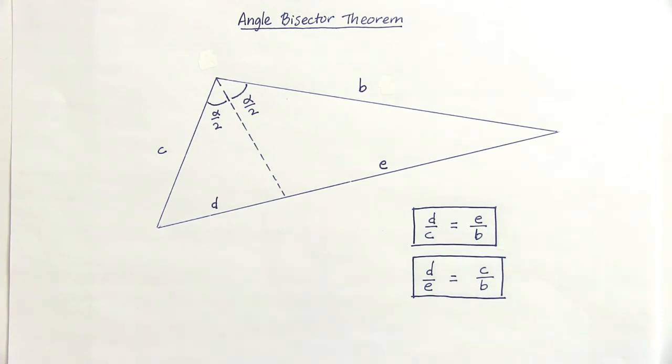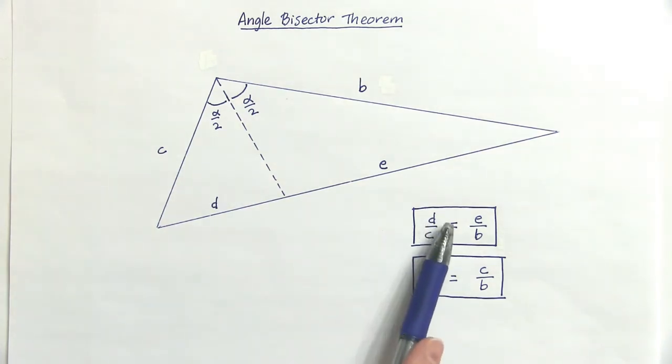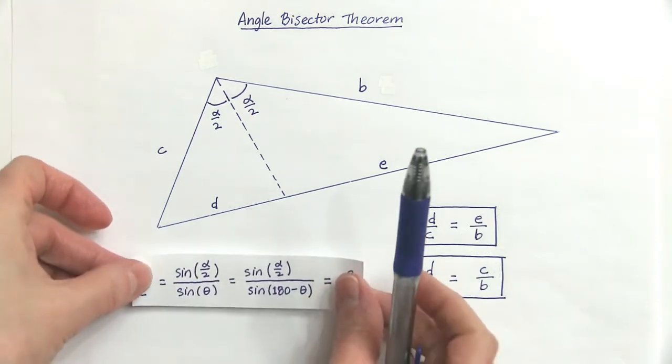This is very easy to see why this is true if you know the law of sines. So you don't need to know the law of sines in order to be able to use the angle bisector theorem, which is a handy theorem to use, but if you do understand the law of sines, it's easy to explain this theorem like this.